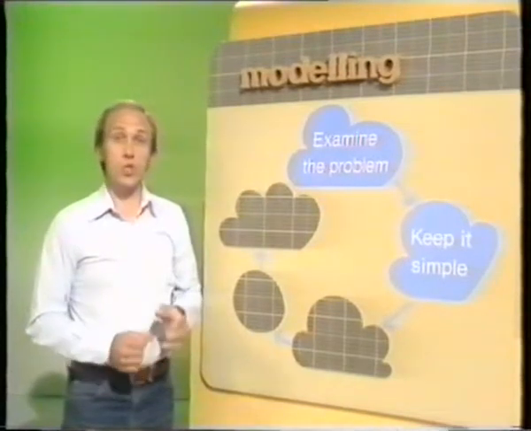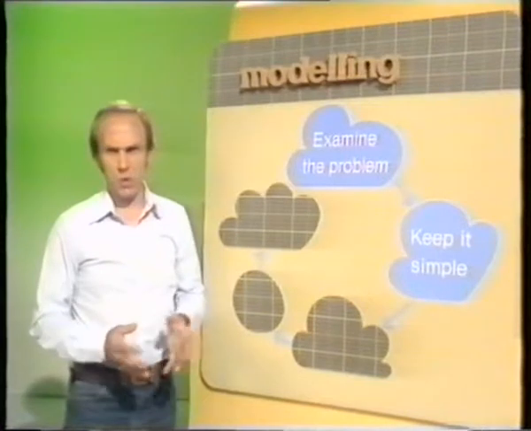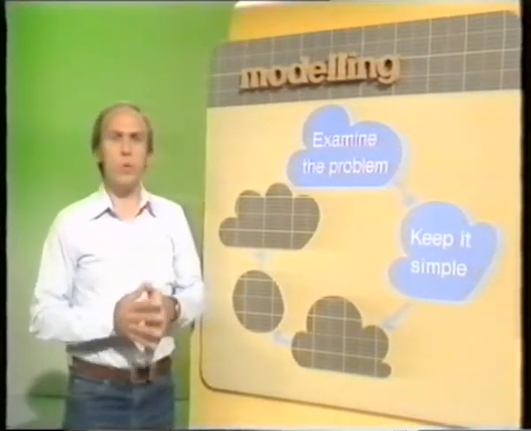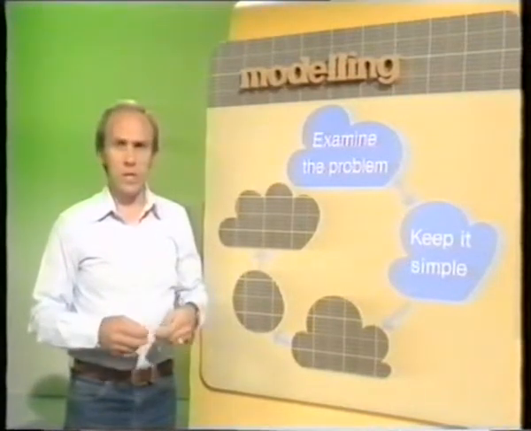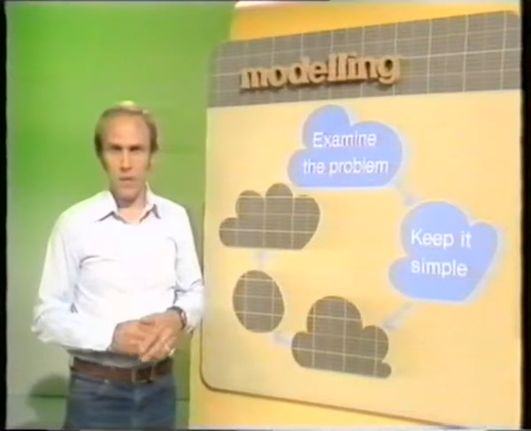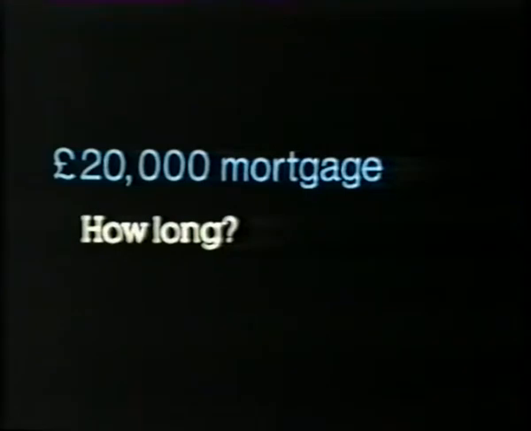Now, one of the ways of keeping things simple is to look at just one kind of mortgage. We're not going to look at endowment policies or anything like that. Our problem is where we repay the mortgage gradually, paying off the amount that we've borrowed. Now remember, that's £20,000. But we're going to need two more pieces of information. The first is, how long are we going to take to pay off the mortgage?